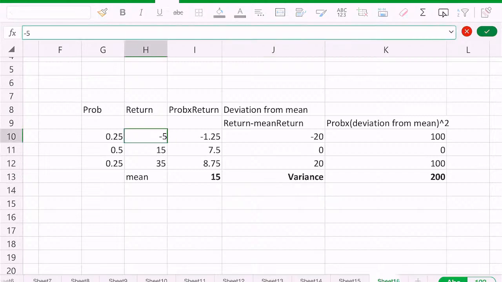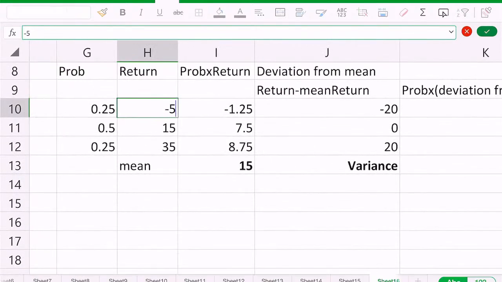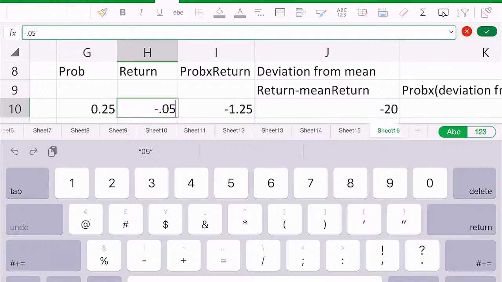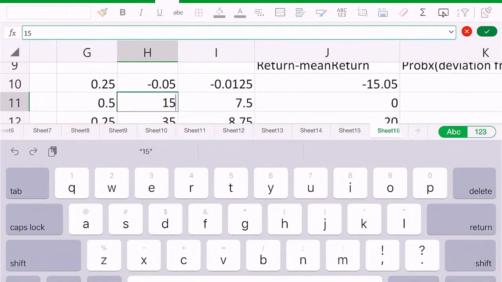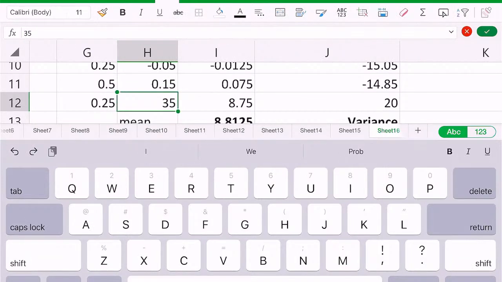I can just fix this very easily and put the decimal places in, and everything should adjust. It's not exactly wrong, it's just hard to interpret the variance unless I have the decimal places. I learned that a while ago.